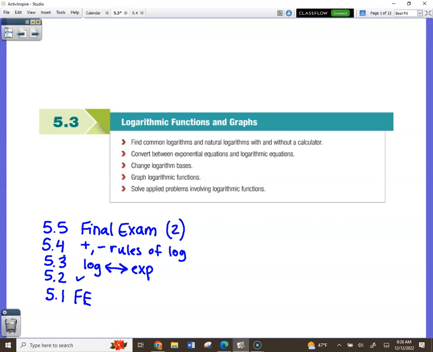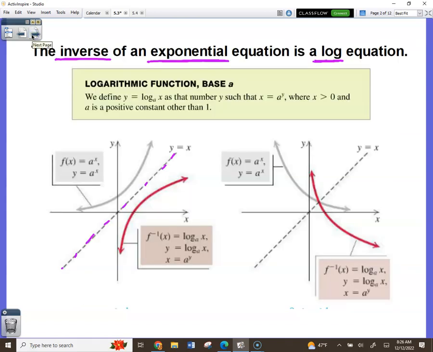For 5-3, we are going to cut out the word problems. There's one word problem. We're going to cut out the word problems in 5-3, and then I will cut those out of the homework as well.